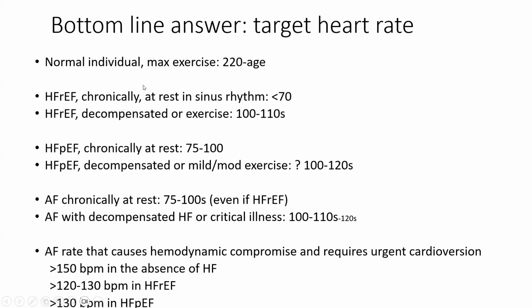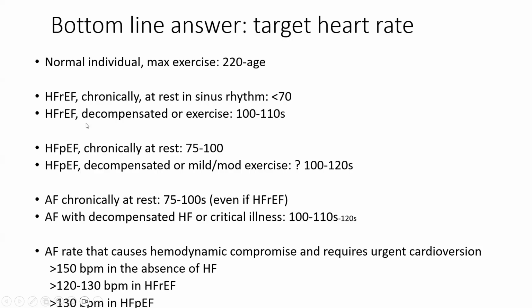And here is the most important slide that provides the target heart rate in various conditions. Number one, normal individual at maximum exercise, the target heart rate is about 220 minus age, in that neighborhood, or 85% of that. Number two, heart failure with reduced EF chronically at rest in sinus rhythm, target heart rate less than 70 beats per minute.